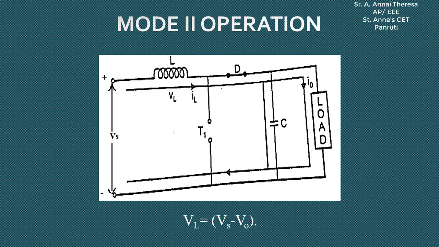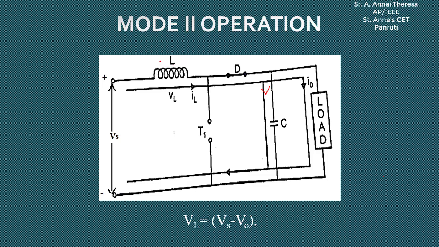The current path will be like this. This will be the current through the capacitor, and this will be the output. This time the current through the inductor will be discharging from I2 to I1, because the inductor is discharging its energy, so the current will reduce from I2 to I1.